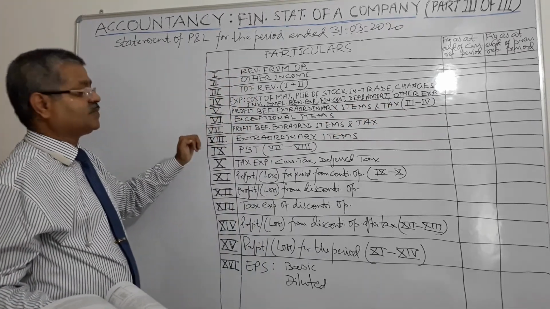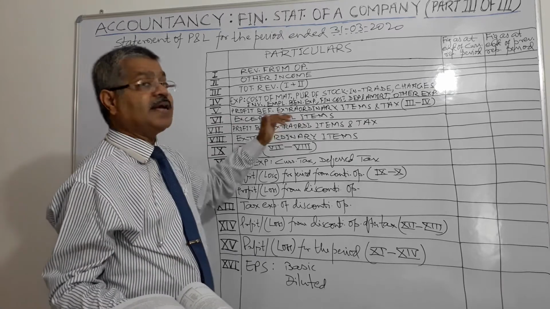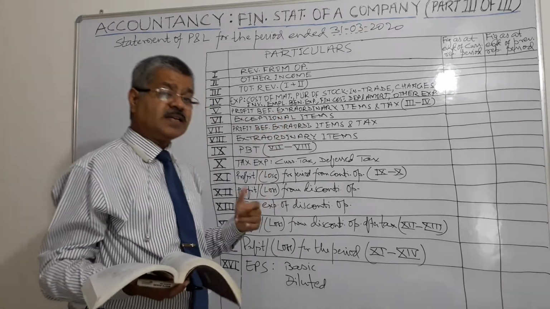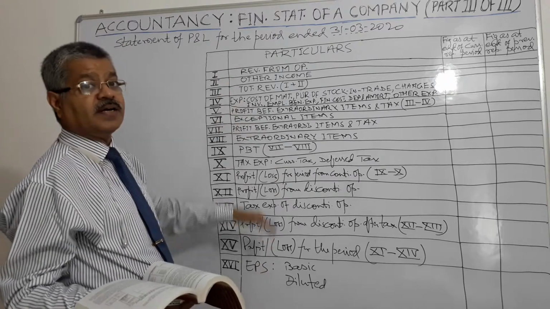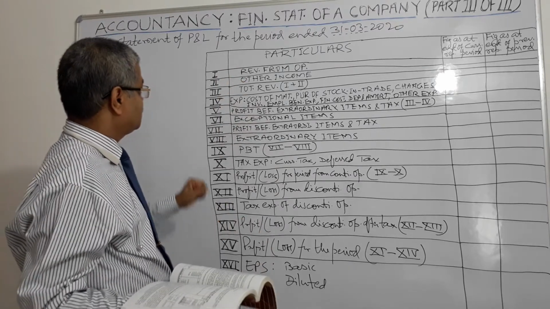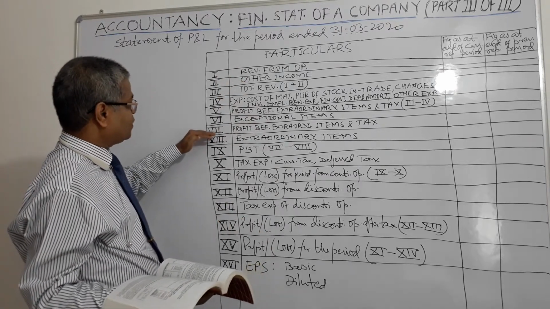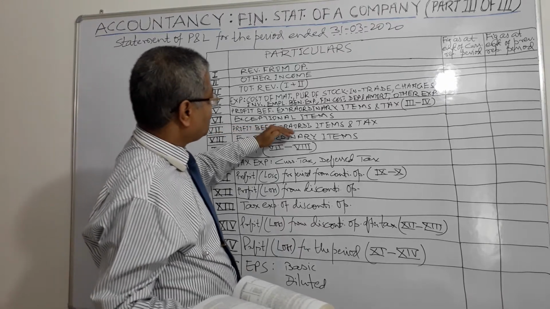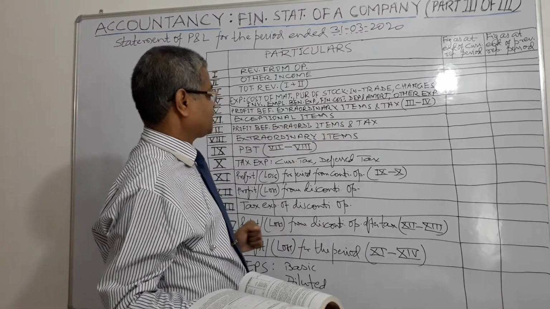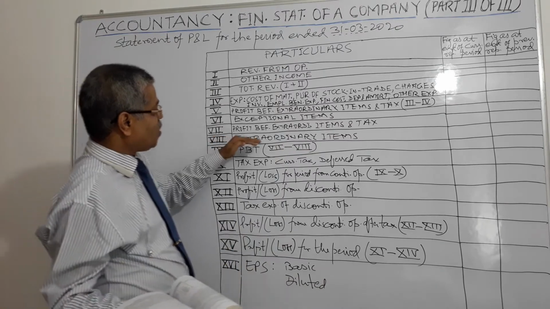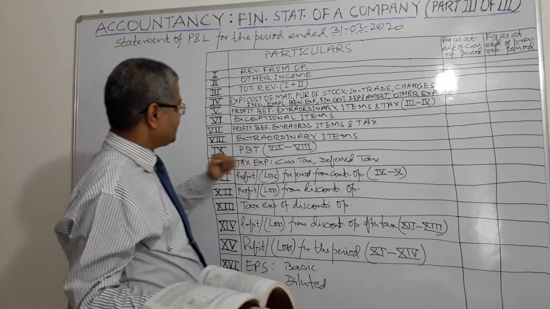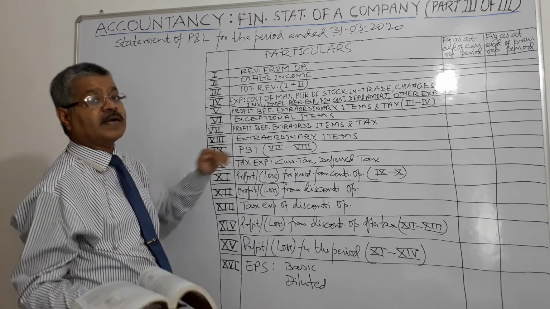Then under 6 we mention exceptional items. What are the exceptional items considered during the period? 7. Profit before extraordinary items and tax, right? Then we deduct extraordinary items and then we come at profit before tax.